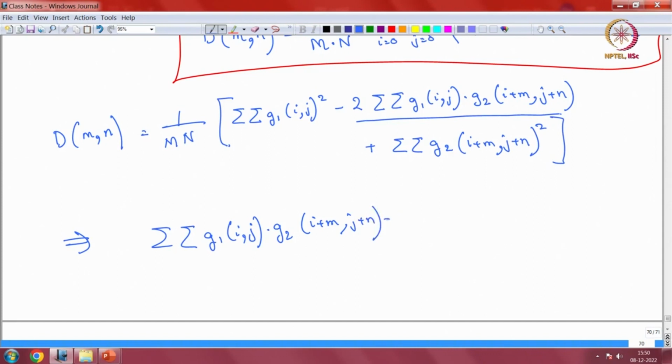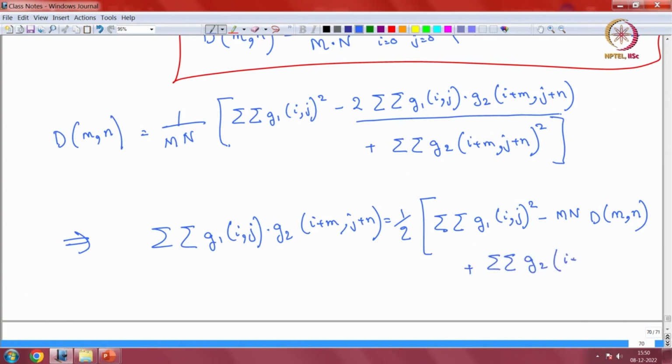And this is nothing now but equal to half times summation, double summation G1 i comma j squared minus mn d mn small n, plus summation, double summation again, this time it's G2 i plus m, j plus n squared.